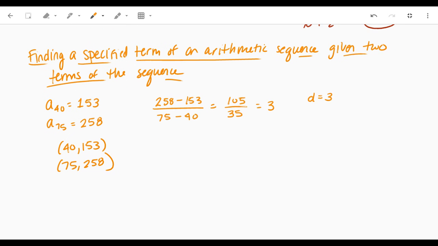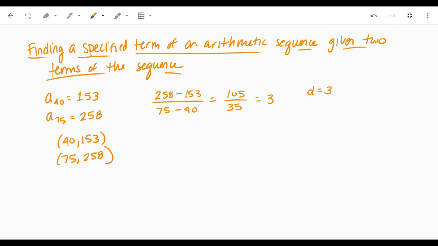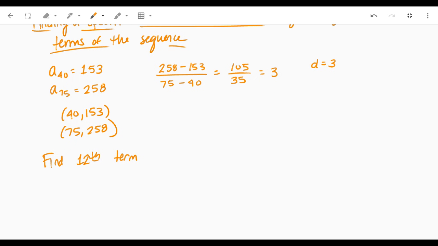So now all you need to do, we actually aren't going to find the formula for this one. We're going to just kind of use that same rate. So we're supposed to find the 12th term. Sorry, I should have said that earlier. 12th term. Okay. So basically, we don't know what the 12th term is, but we know what the 40th term is, 153. And we know that the difference is 3.